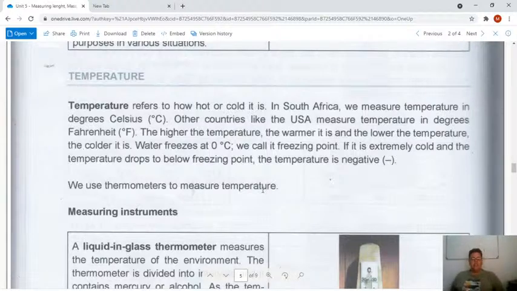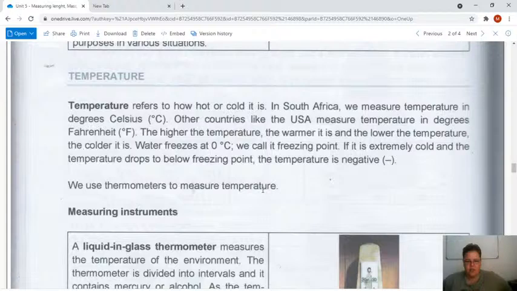So temperature refers to how hot or cold it is. In South Africa, we measure temperature in degrees Celsius. Other countries like the USA measure temperature in degrees Fahrenheit. The higher the temperature, the warmer it is. The lower the temperature, the colder it is. Water freezes at 0 degrees Celsius.